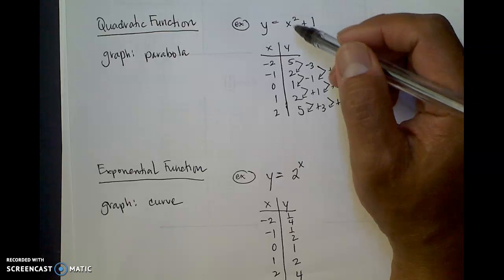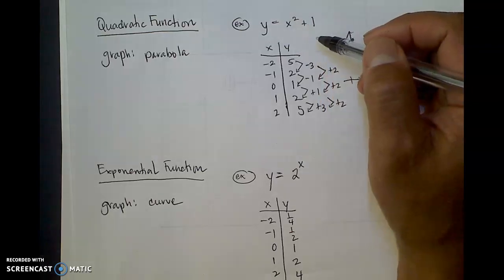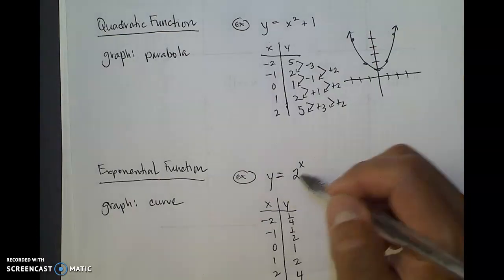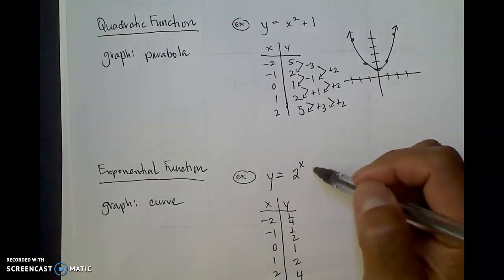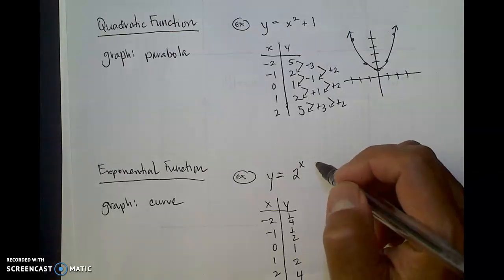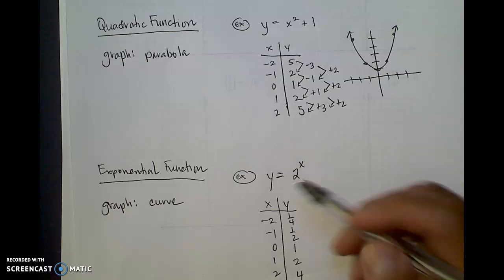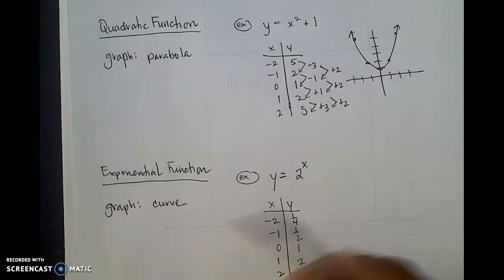Here we have y equals x squared for our function. Here it's y equals 2 to the x. So you can recognize an exponential function when your exponent is the independent variable. And the graph of the exponential is going to be a curve.